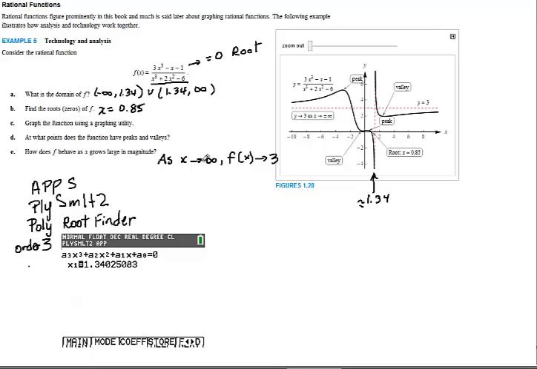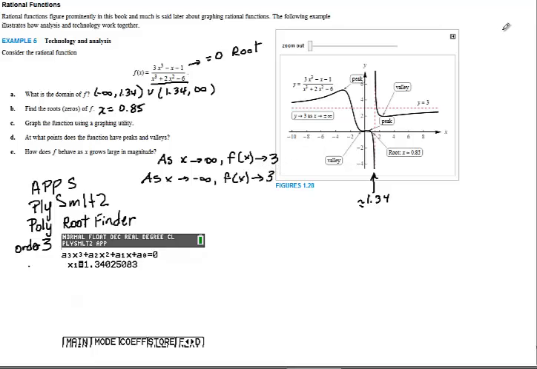And what that says is as x approaches infinity, the y is getting closer to 3. I need to look at both ends of the function, both the right and the left. So as x approaches negative infinity, f of x still looks like it's going to 3.